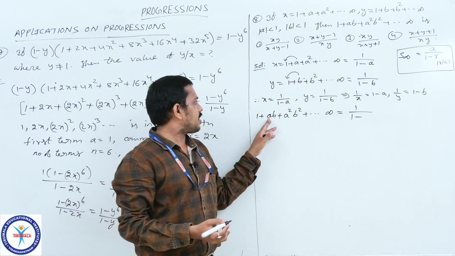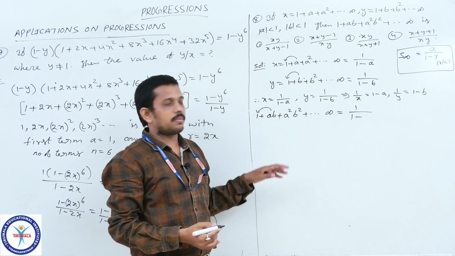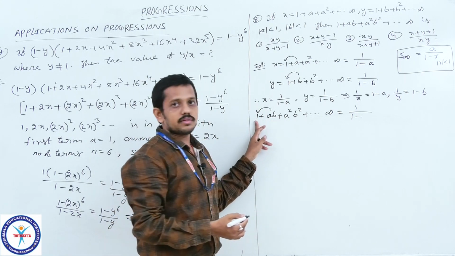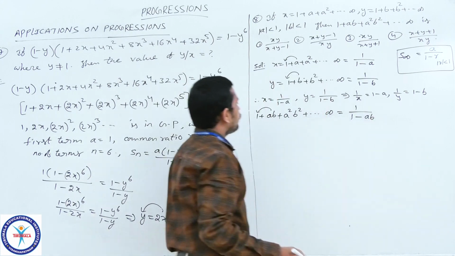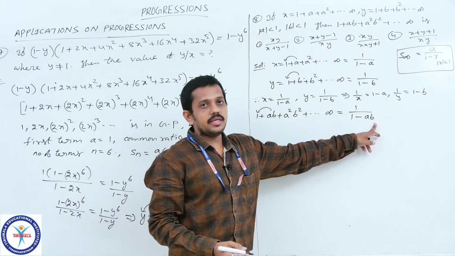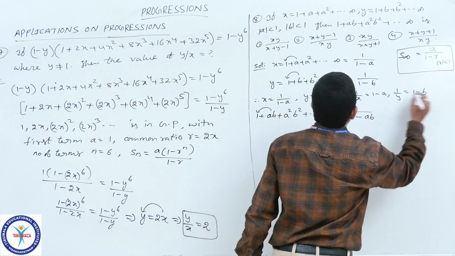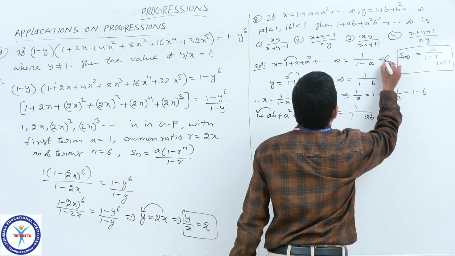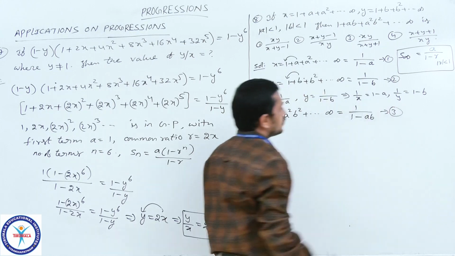What is the common ratio? The ratio between second term to first term, ab by 1, which is equal to ab. So therefore, what is this value? 1 by 1 minus ab. So, here we have two values, this is 1 and y value 2 and this is 3.